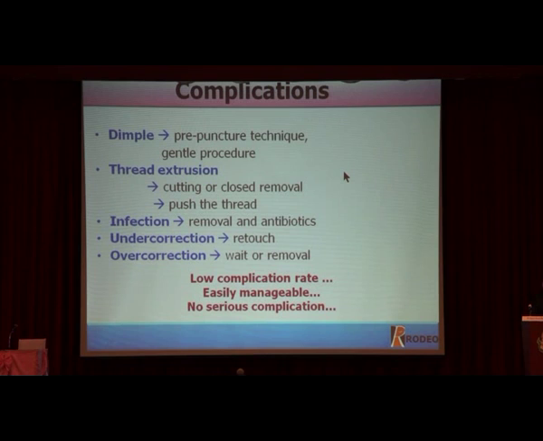First is removal and continuous antibiotics. Undercorrection is a complication; you need a touch-up program. My clinic makes a touch-up program because the thread is not permanent. The lifting energy is low.